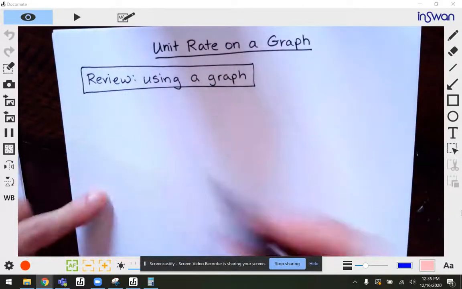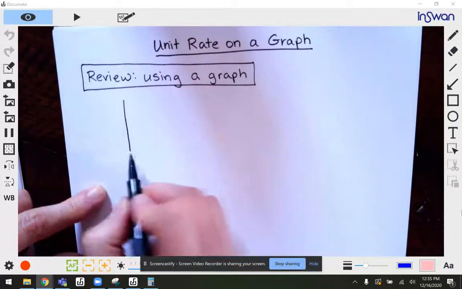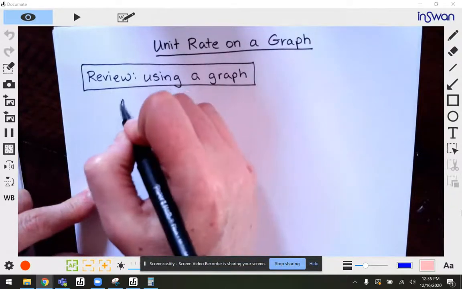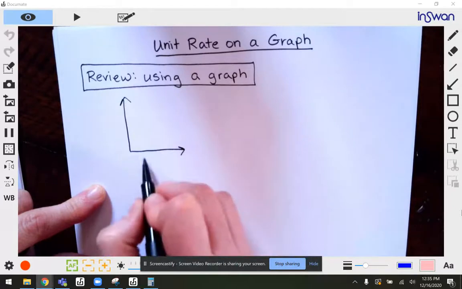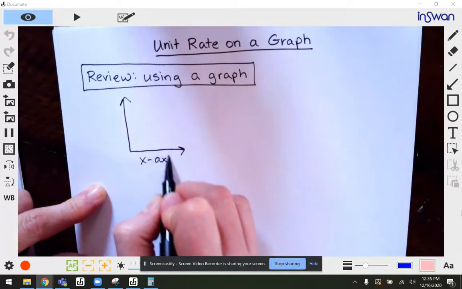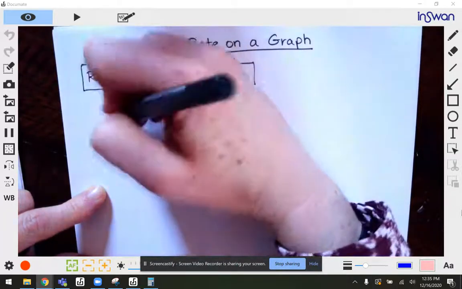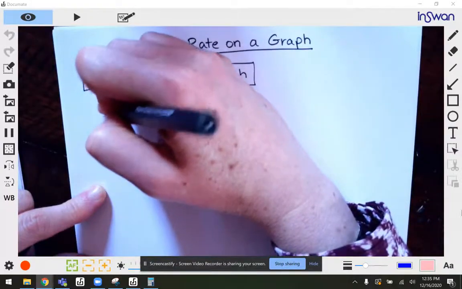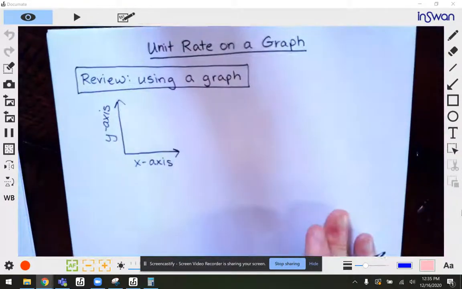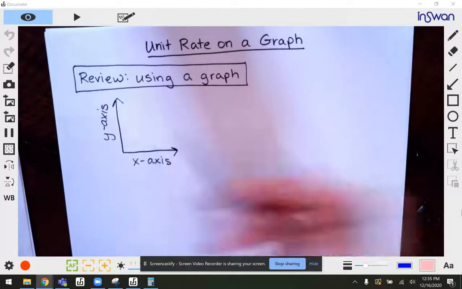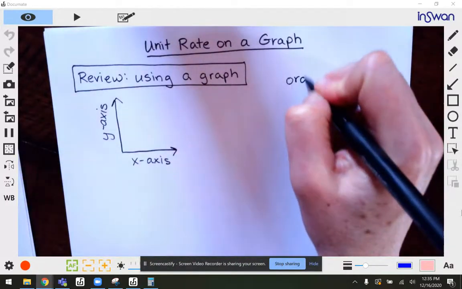So the first thing we're going to want to remember is the x and the y axis. So remember, this one is the x-axis, and this one up here is the y-axis. Now we talk about points on a graph by using something called ordered pairs.